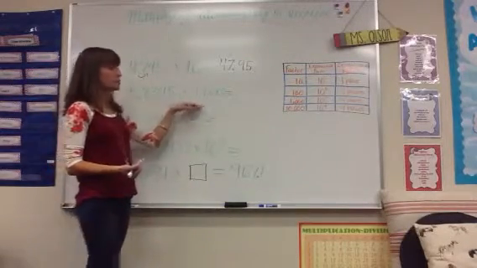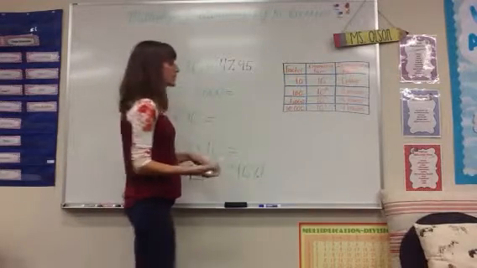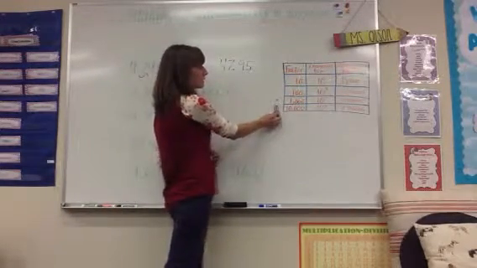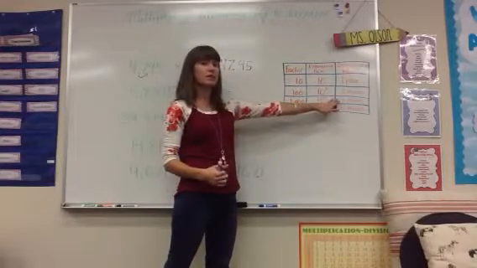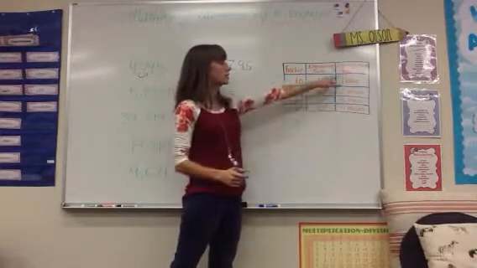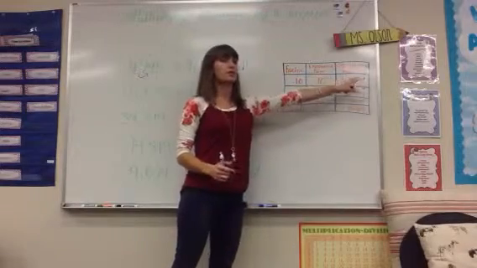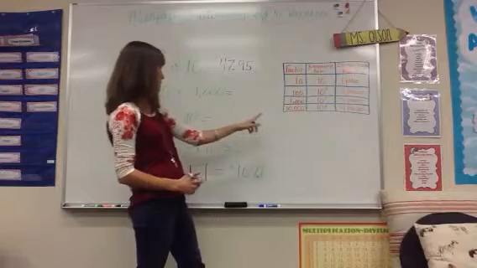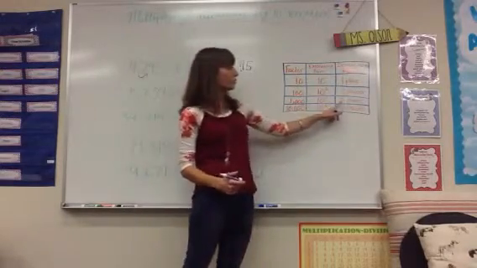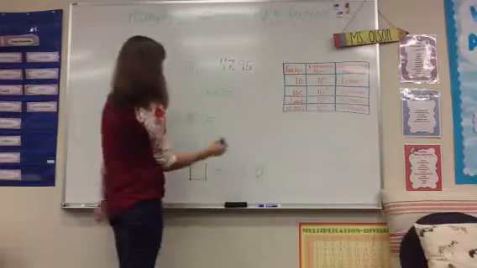5.8345 times 1,000. Let's look at our chart. 1,000 is here. That's 10 to the third power. How many places do you need to move the decimal to the right? Notice it says right with an arrow. I know it's hard to see that. You're going to move it over three places to the right.